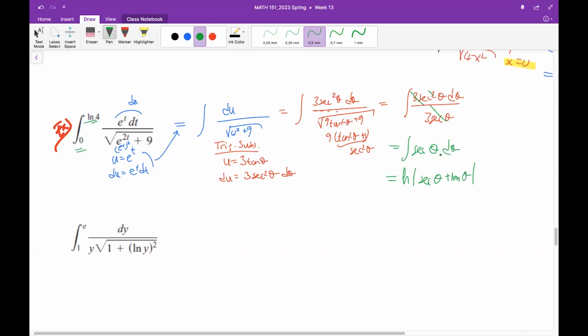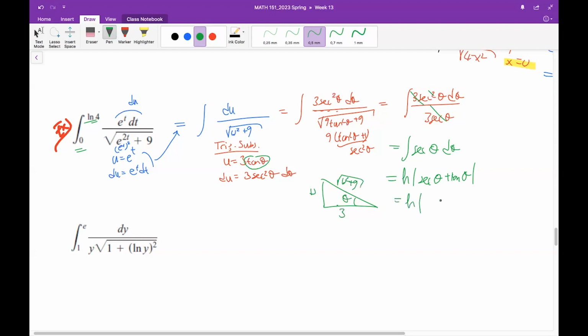You need to turn back to the original variable t to be able to insert the boundaries, and you need to draw a reference triangle to do that. So your reference triangle: tangent theta is u over 3. If I put theta here, tangent theta is u over 3, like that, and the hypotenuse is the square root of u squared plus 9.